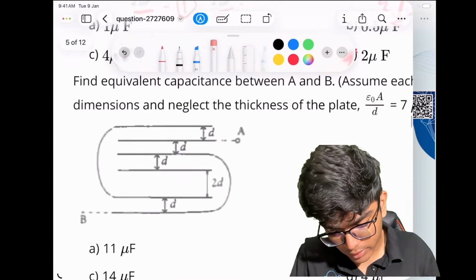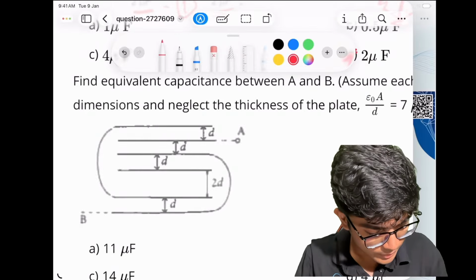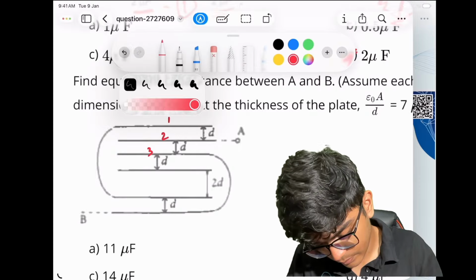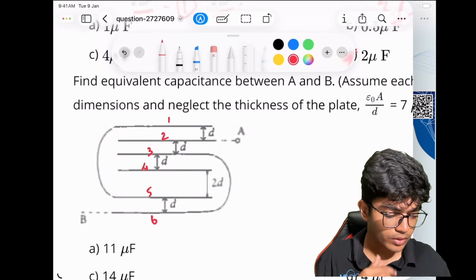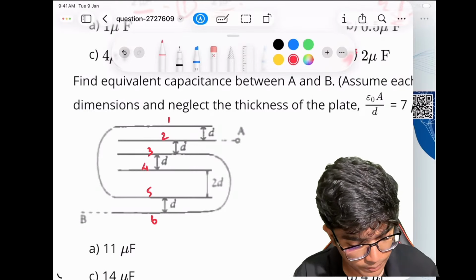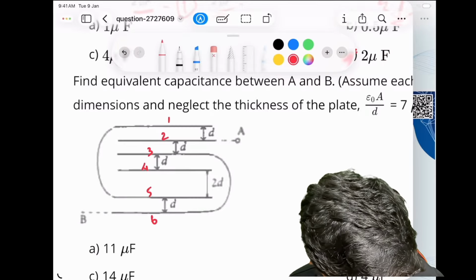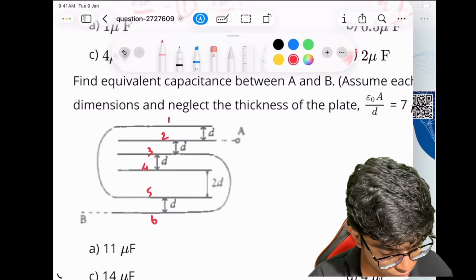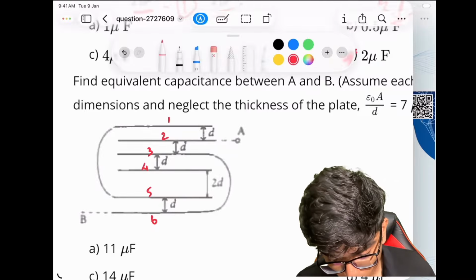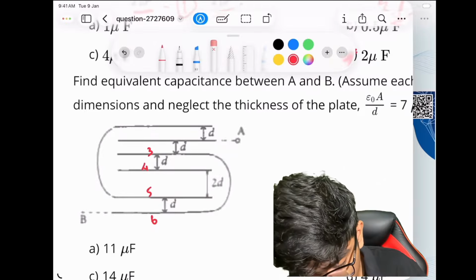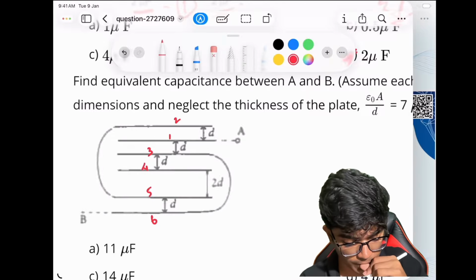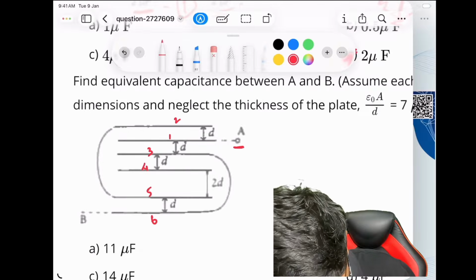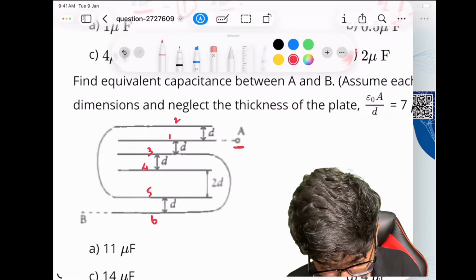No, I need to draw it. I don't think I can draw it exactly there, but say we can label it as 1, 2, 3, 4, 5 and 6. There are 6 plates. Okay, my plate A is connected. Let's take plate 1 potential as VA. Let's take this as 1. 1 is connected to A. Okay, fine. 2 is connected to the middle group.